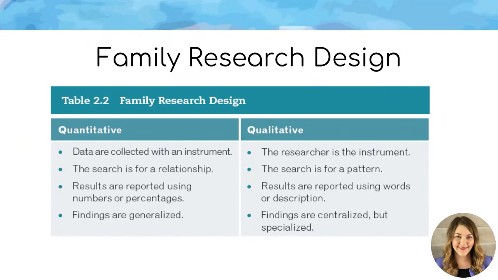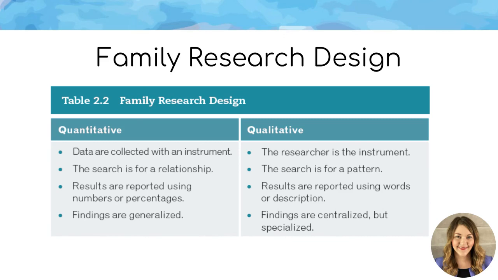When we're looking at qualitative, to remember that I think of quality. So we are looking here at descriptions, using words, not so much the numbers. An example of a qualitative study with families would be describing the complexities of homelessness.